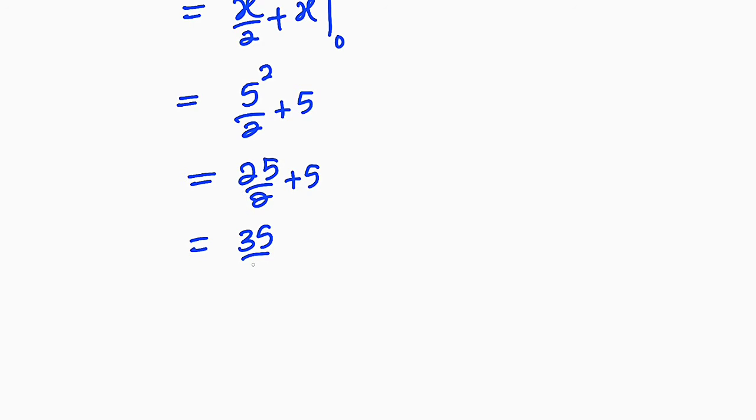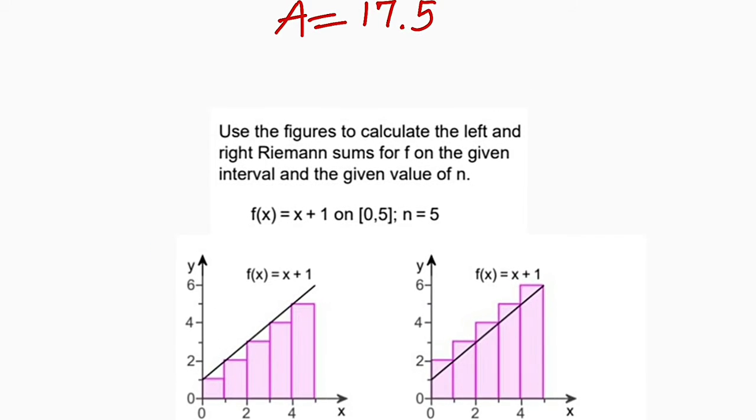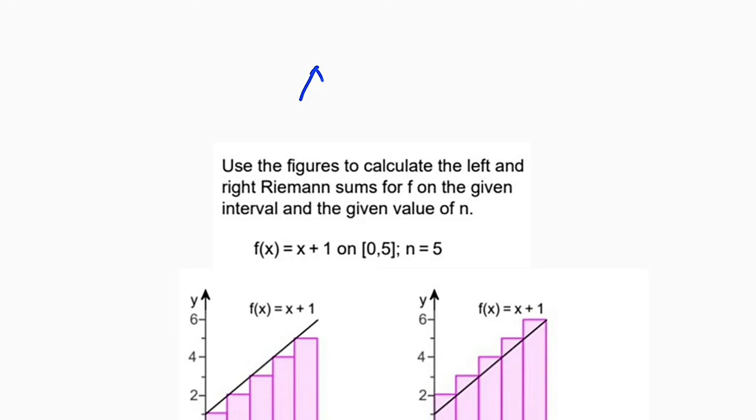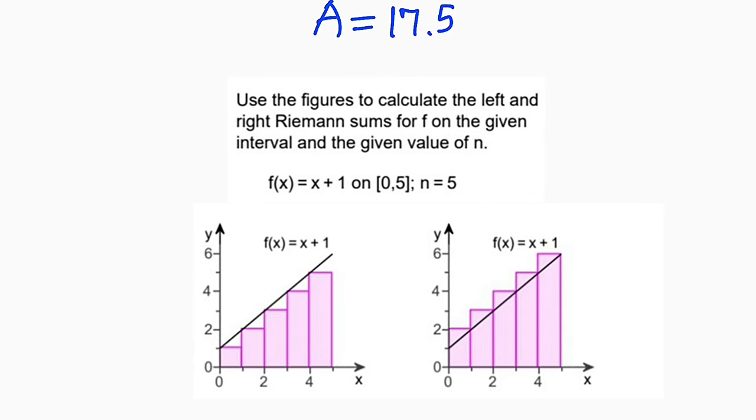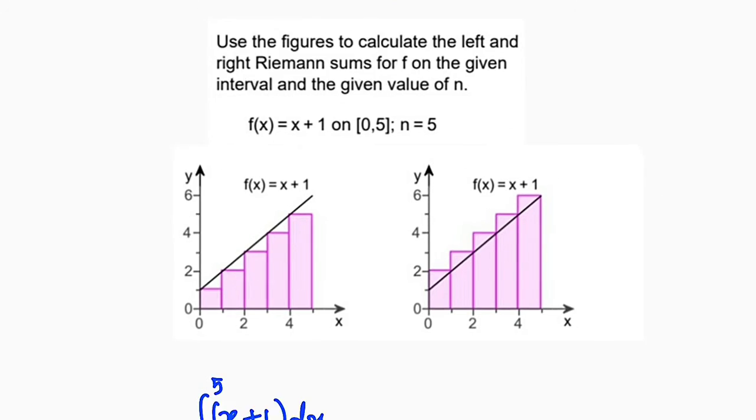So this is 35 divided by 2. And you can also write it in decimal as 17.5. So 17.5 is the actual area. I think let me write it down here. So area is equal to 17.5. This is the actual area, because Riemann sum is nothing but approximation of the actual area. It could be overestimated or underestimated.